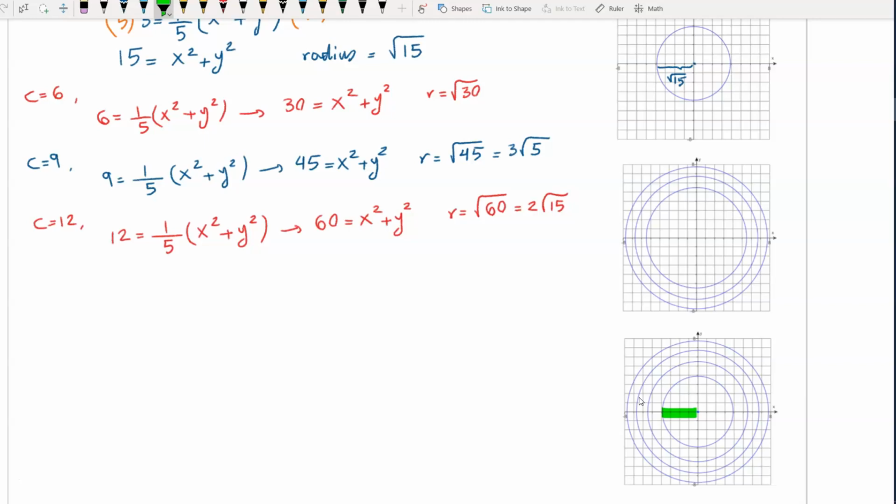And we have 3 larger circles. So this one here, and here, and this part. So we have a larger radius based on what we had for c.